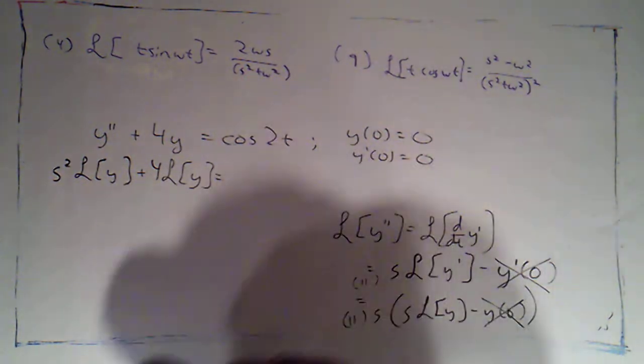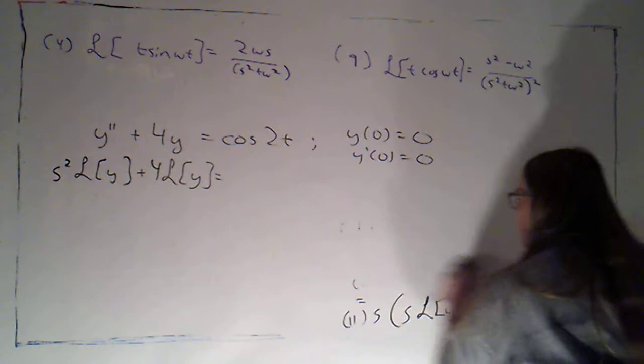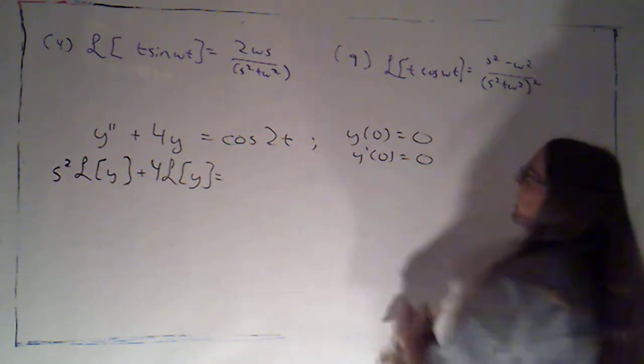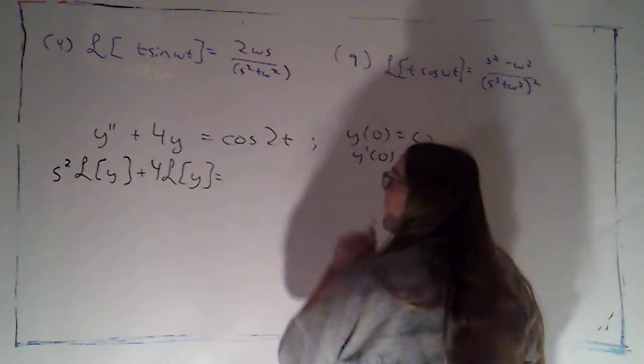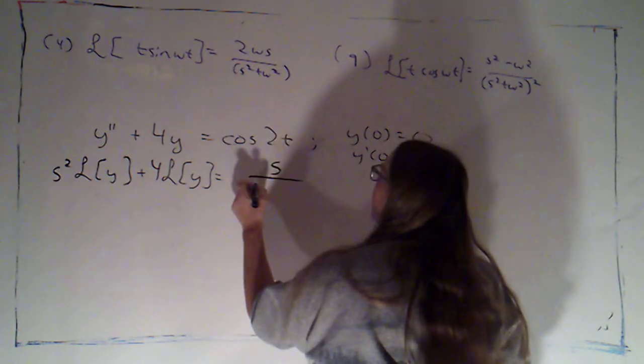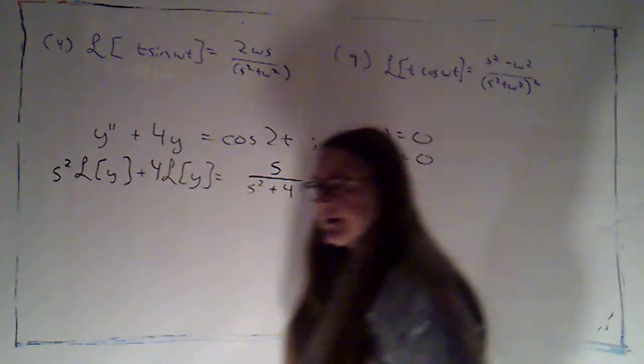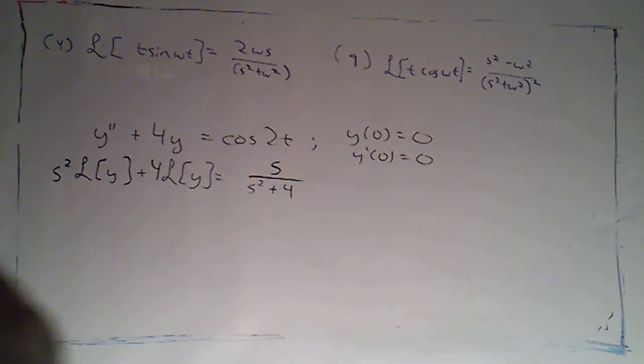And now we've got our cosine of omega t. That Laplace transform is going to be s over s squared plus 4. Let me see what formula that is.